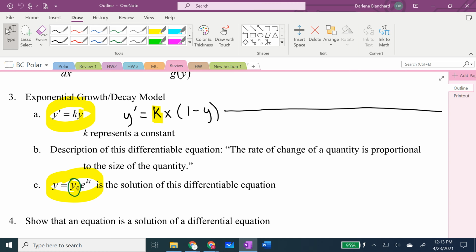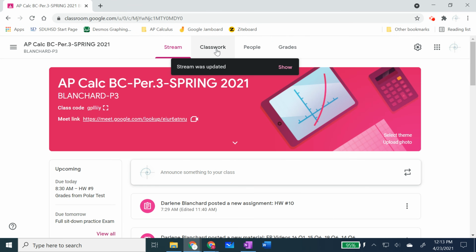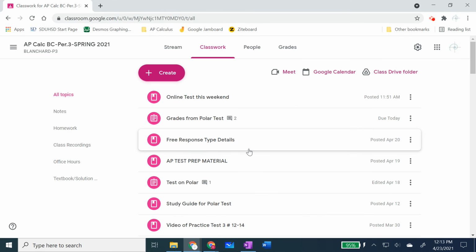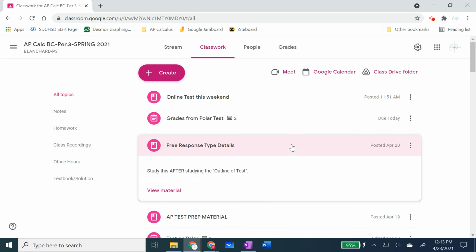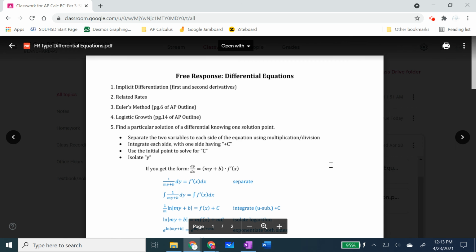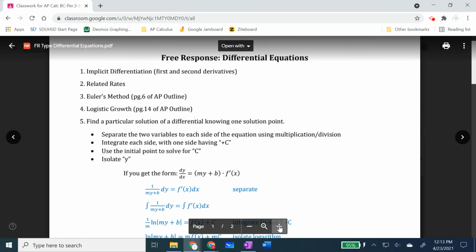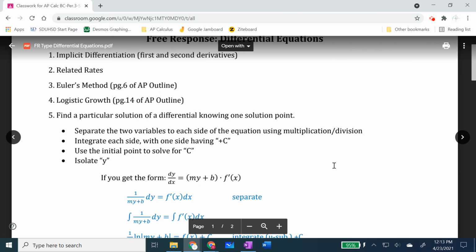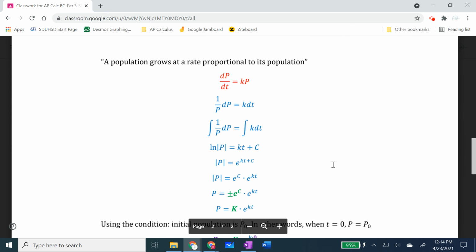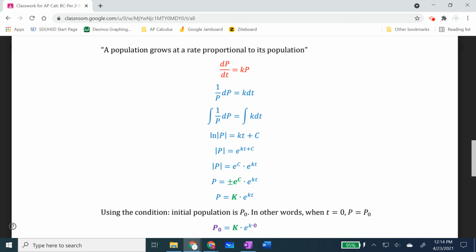And I posted onto Google Classroom, let me find that, free response type details. So differential equations. And I believe I put, yes, this right here. This is what you're expected to be familiar with.